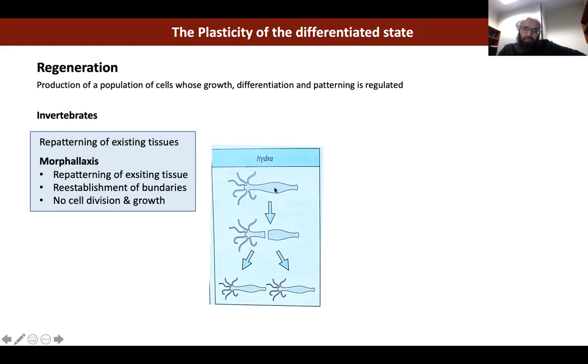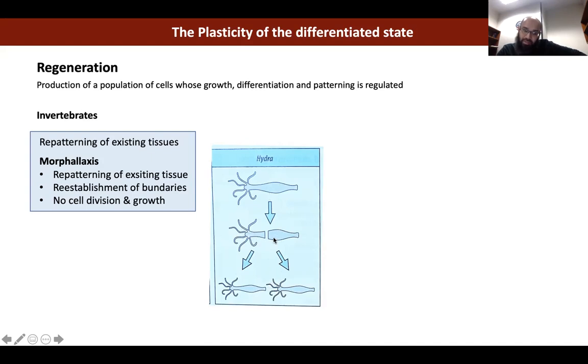So in this mid part, transversely cut, both these parts grow the part that is missing. So for example, this part is missing the tail, so it grew back the tail, and this part is missing the head, and it grew back the head. But the important thing is that there is a repatterning of existing tissue. So this tissue was repatterned and made the tail, and the tail part was repatterned and made the head part.